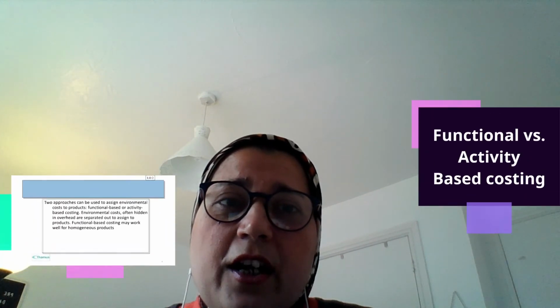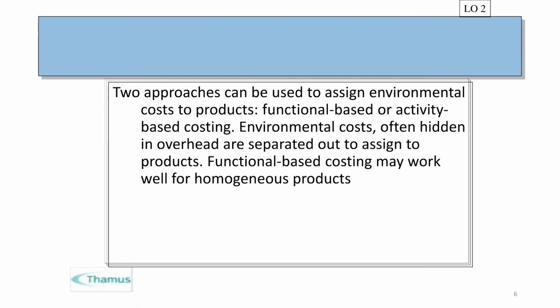And then, to see, there are two approaches to assign cost to products: functional based costing and activity based costing. Functional based costing is when the company produces very similar products. For example, a company decided to produce a paper bag for all companies to use, because this might be environmentally friendly.